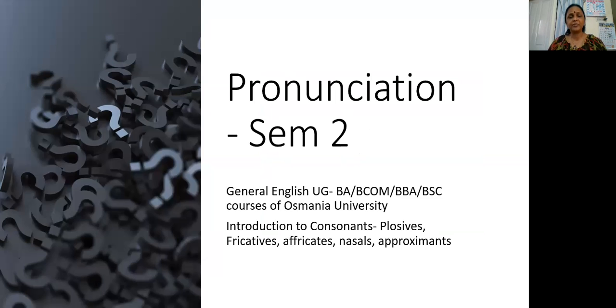And in the first semester, we have seen general introduction to English phonetic alphabet. We have done vowels and diphthongs, and we had a general overview of the consonants. In semester 2, we'd be dealing elaborately with the consonant sounds, plosives, fricatives, affricates, nasals, and approximants.